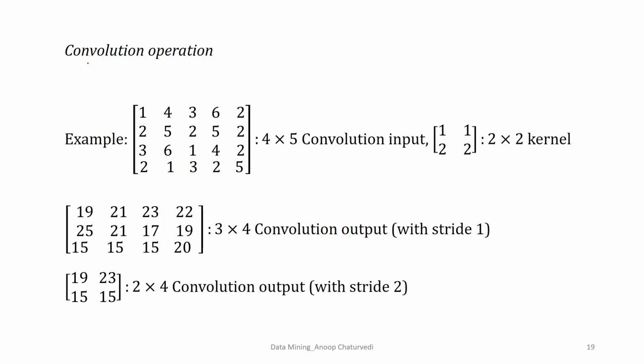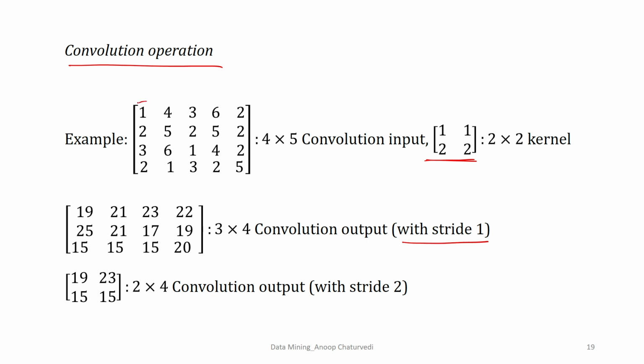Now, we come to the convolution operation. So, suppose we consider this 4 cross 5 convolution input. So, you have this input and you are using this 2 by 2 kernel. So, how to perform the convolution? First we consider the convolution with stride 1. So, what we do?